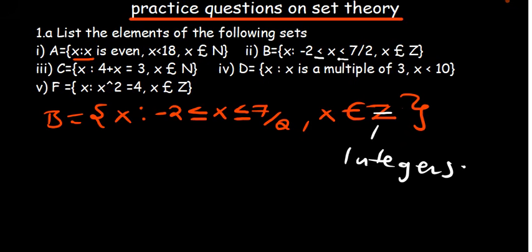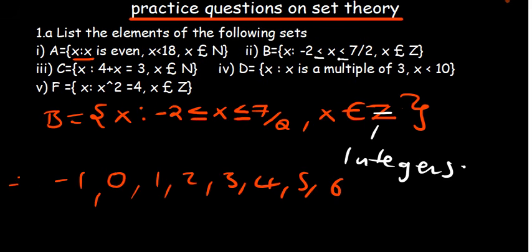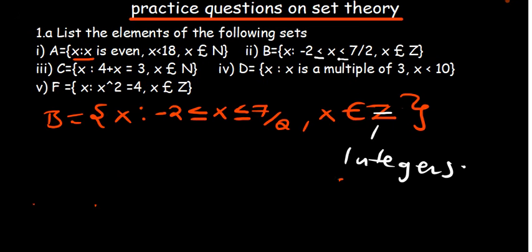So you have 1, 2, 3, 4, 5, 6, and also 0, -1, and -2. When you're talking about integers, integers don't include fractions. It only includes whole numbers. That is the set of integers.